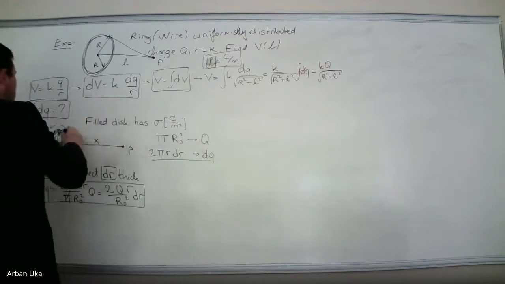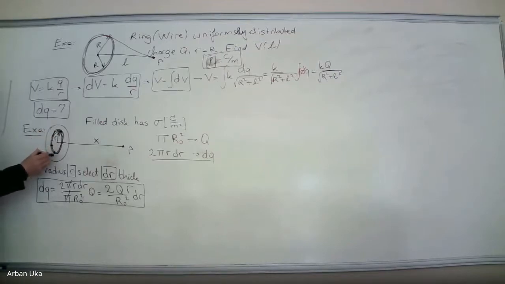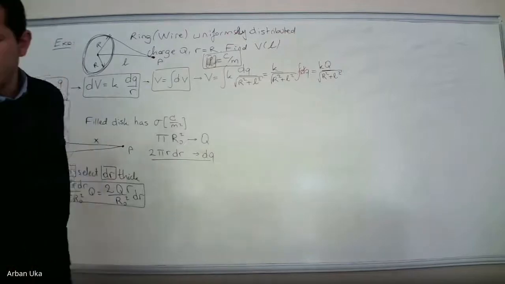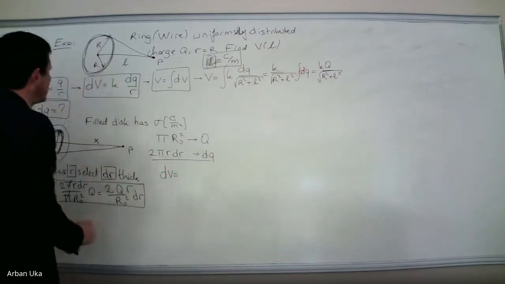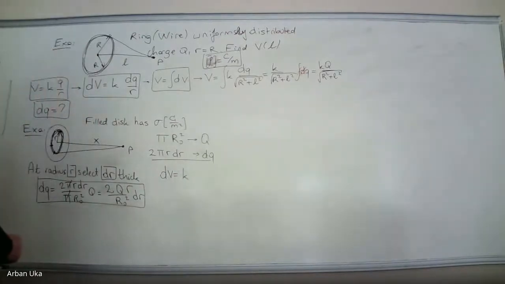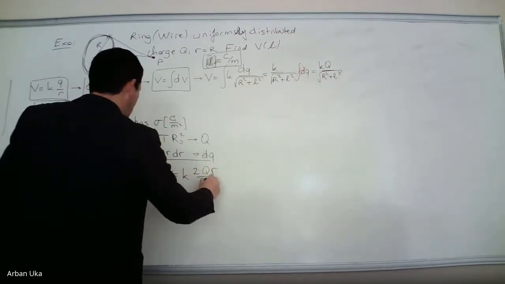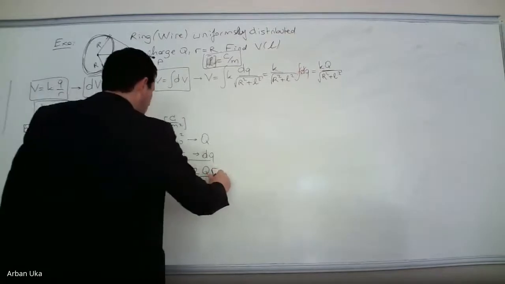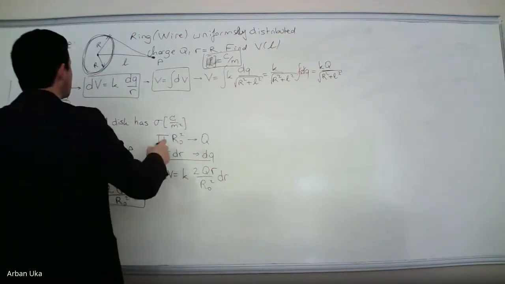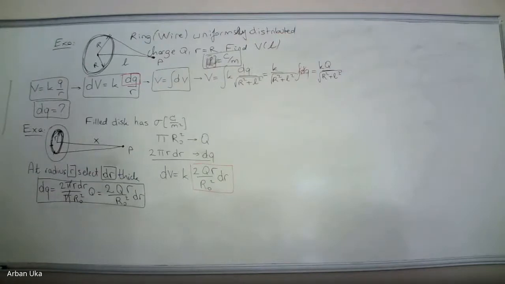In this integral, it has to be considered that all of these points which we can find across this path are equidistant to point P. Then we can simply write that dV for the voltage is equal to k times 2qr over r0 squared dr. Let's not forget, this is just dq, and this dq has the dr inside, divided by r.